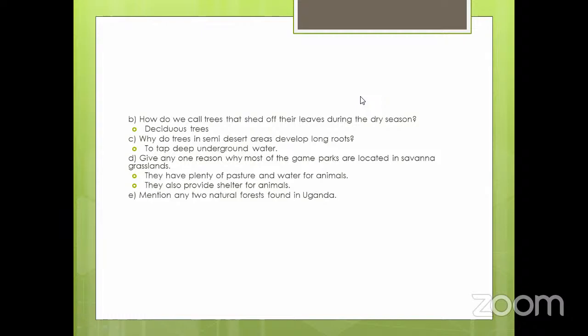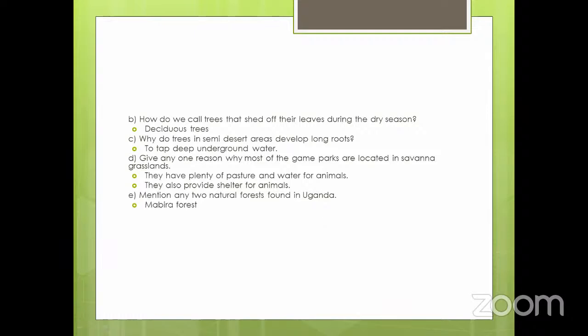You mentioned almost all answers. Okay, we have Bwindi Impenetrable Forest. That is one of them. You have talked about Mabira Forest, which is also another one. Then you also talked about Budongo Forest, which is also another one. Someone talked about Zoka Forest, which is also another one.